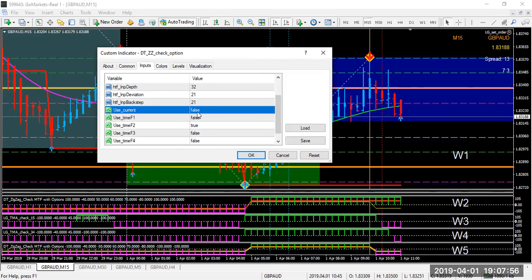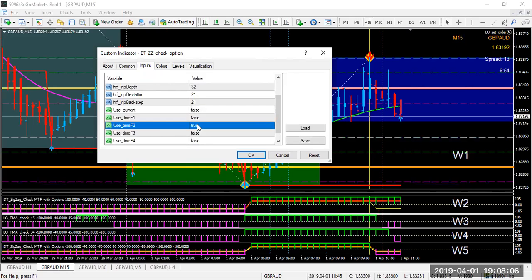Where it says true and false indicates what shading is being imposed in window 2. In this case, it's 2 time frames higher than the chart time. So if it's the M15 chart, 2 time frames higher is H1. So I'm using the shading from window 2 to highlight that in that 1 hour, it's looking for a higher diamond.